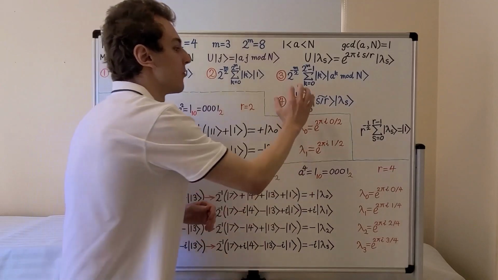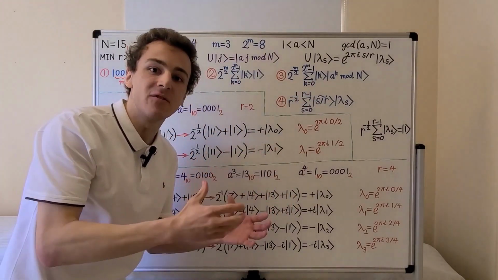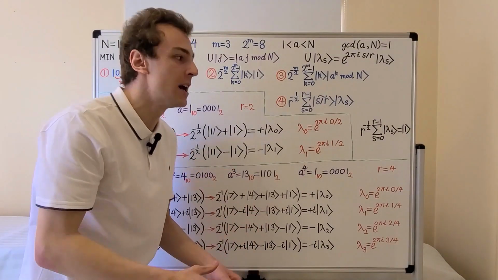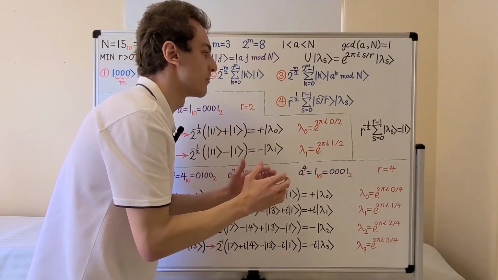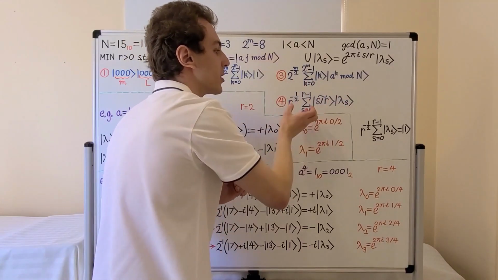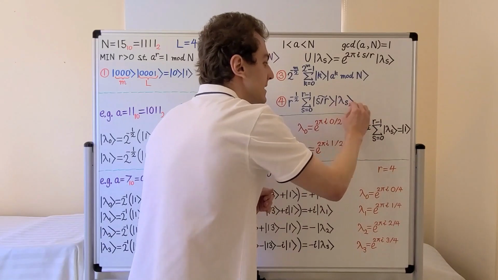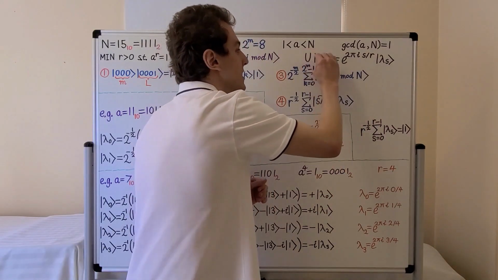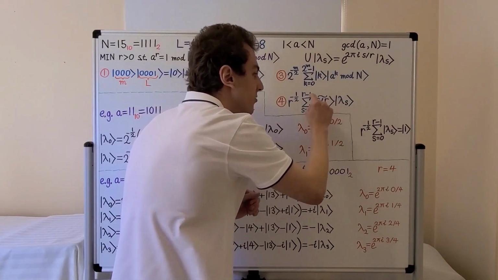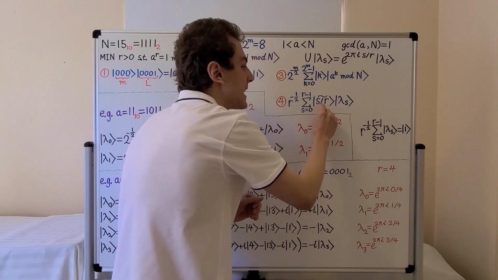Then we have step 4. Step 4 involves applying the inverse quantum Fourier transform to the first register. When we do that to the first register, we get this format over here. You can see that in the second register, we have eigenstates of this unitary operator, and in the first register, we have estimators for the quantity s on r.